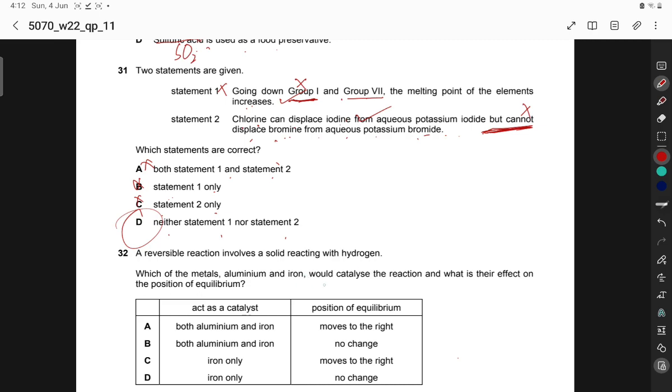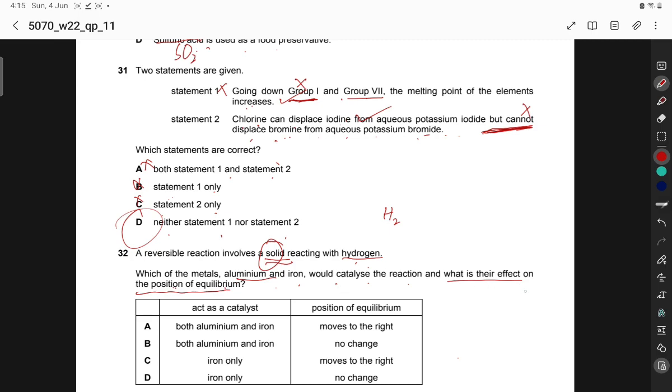Which of the metals, aluminum and iron, would catalyze the reaction, and what is their effect on the position of the equilibrium?